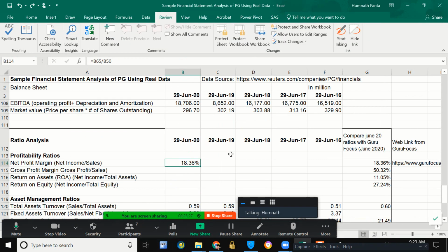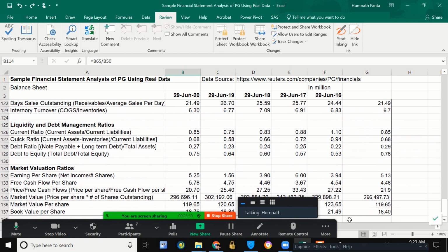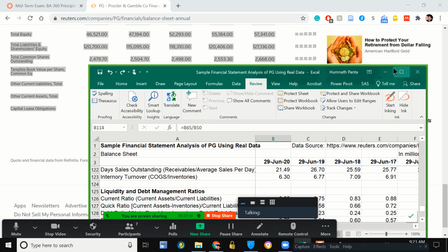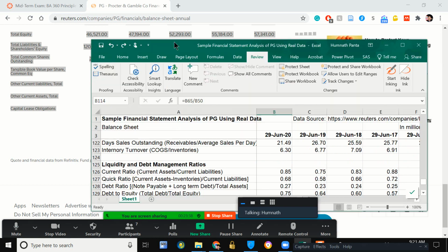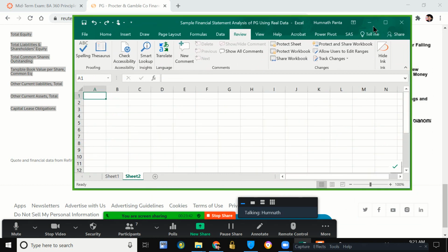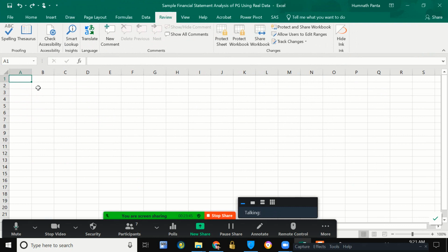So this is the Excel screen I have, and then I'm going to go to the new tab here. Let me just take it off a little bit. When I'm using Zoom, sometimes it's hard to have all this information, so I'm going to give some space.